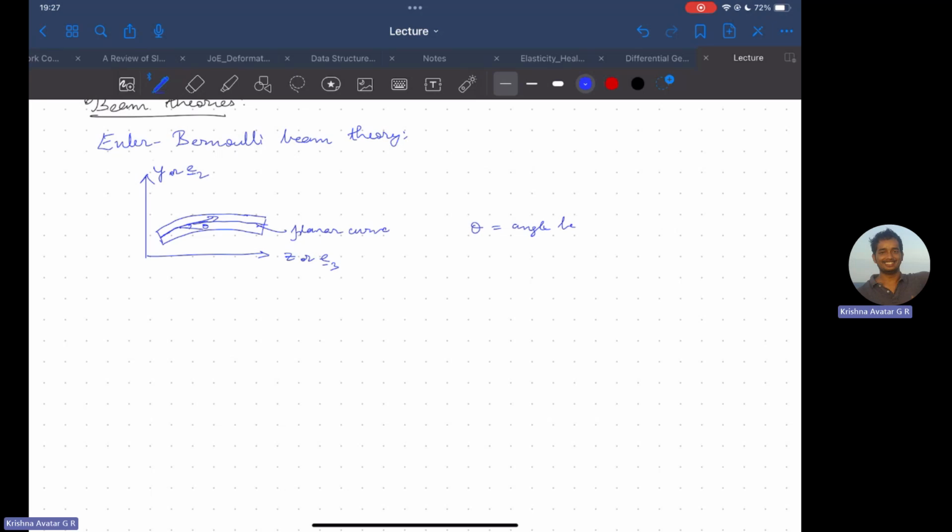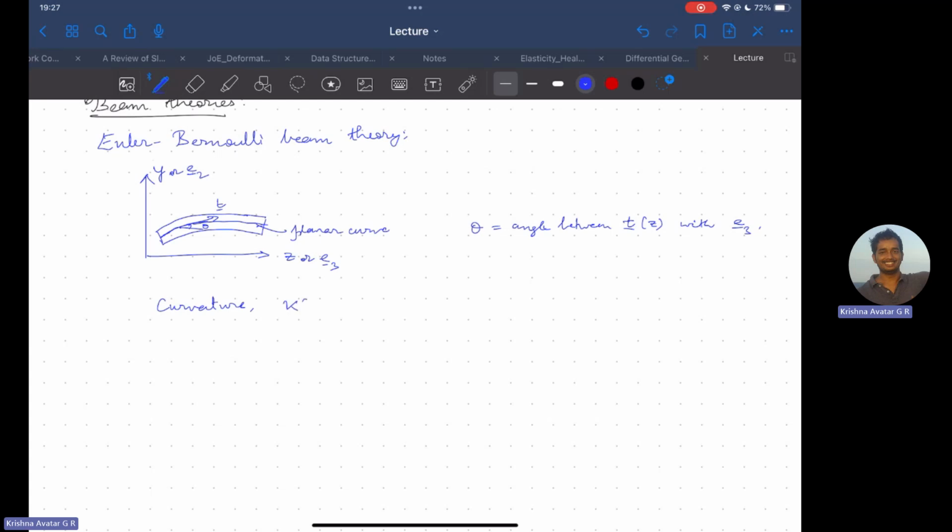Let this be the tangent vector T of z with respect to the E3 vector. Now based on this, we can define the curvature.